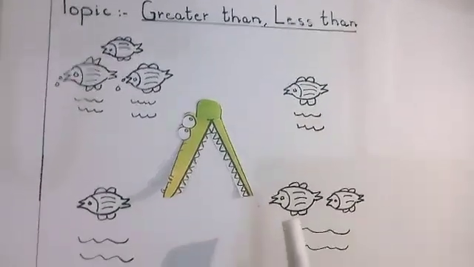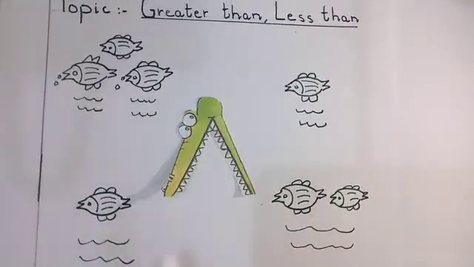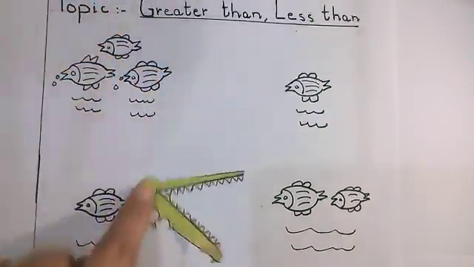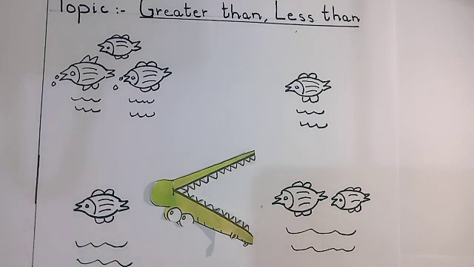On the other side I am seeing 2 fish. What will this croc's mouth do? Definitely this croc's open mouth will go towards more fish. He wants to eat 2 fish, because this crocodile is very hungry.